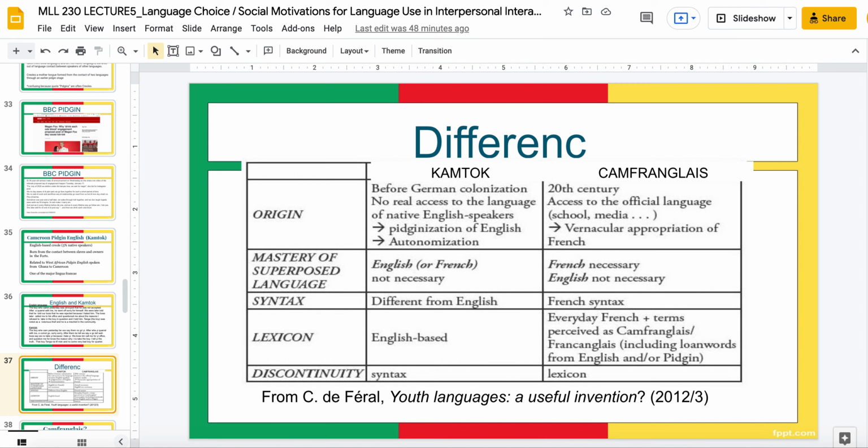English is kind of the superimposed language, but you don't have to master English. Whereas with Franglais, you kind of need to know French in order to understand it. Syntax different from English, although the lexicon is English-based. And Franglais has French syntax with everyday French words and some loan words from English and/or various local pidgin languages.